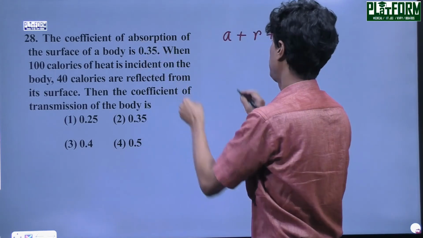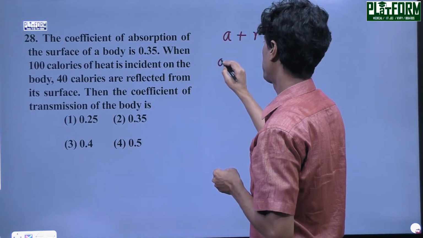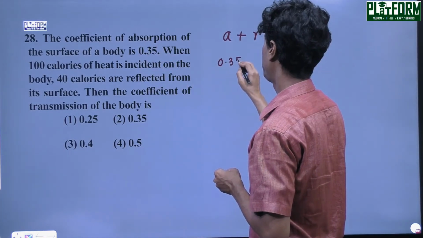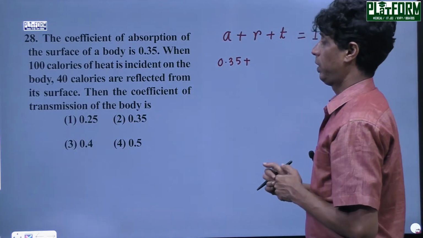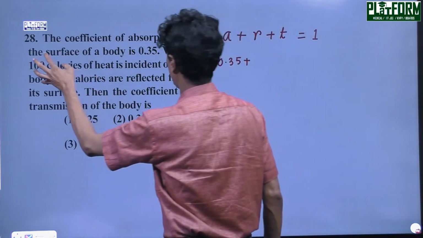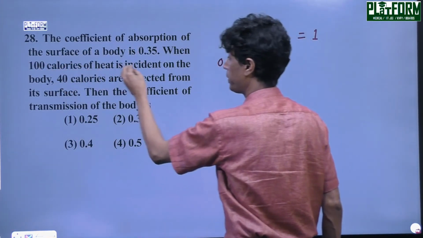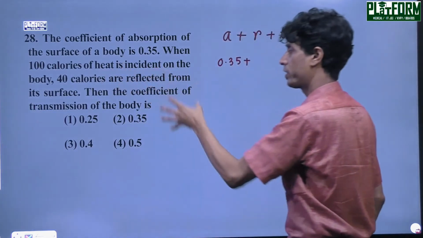The absorption in the problem is 0.35 and reflection: out of 100 calorie, when the 100 calorie heat is incident on the body, 40 calories is reflected.